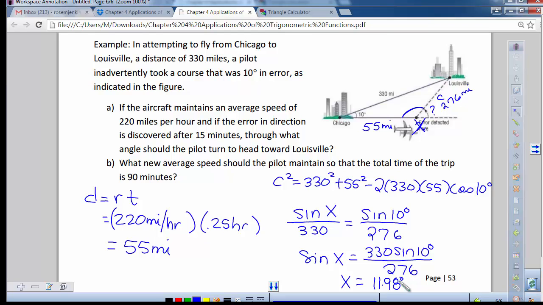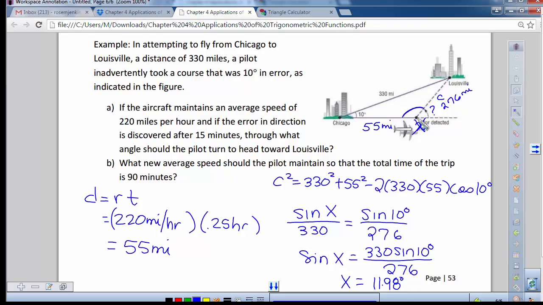And looking at our picture, it doesn't make sense since our largest side is 330 miles. It doesn't make sense that the angle on the inside of that triangle would be 11.98 degrees. And I think we can also see that clearly the picture is not drawn to scale.